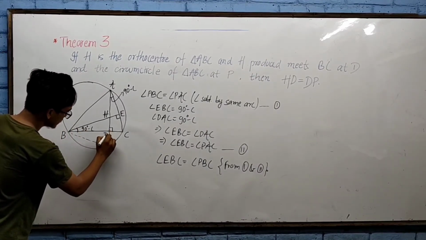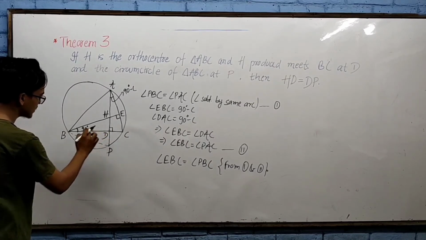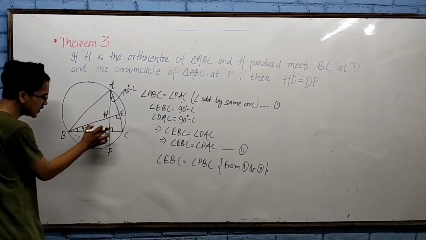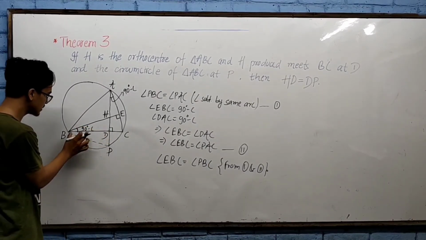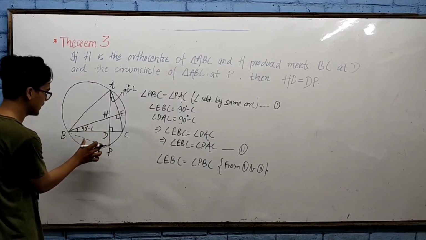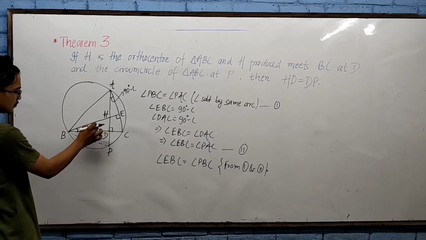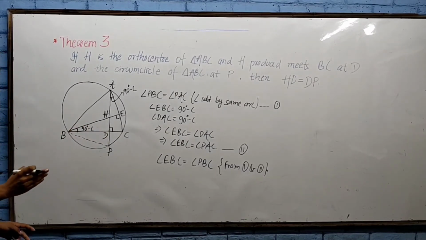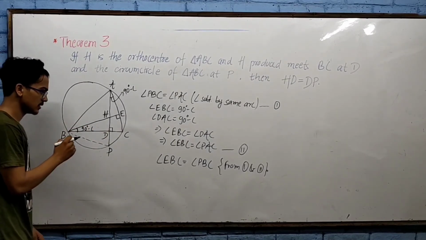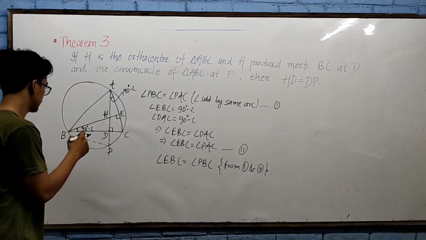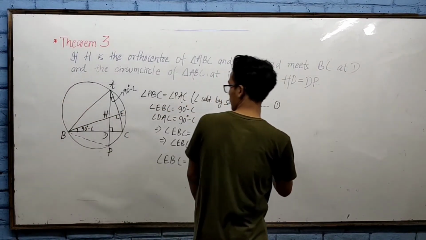This is 90. This is 90. These two angles are equal, and the included side between these two angles, BD, is the common side. So we can prove that these two triangles are congruent via ASA congruence. So let me write the needful.